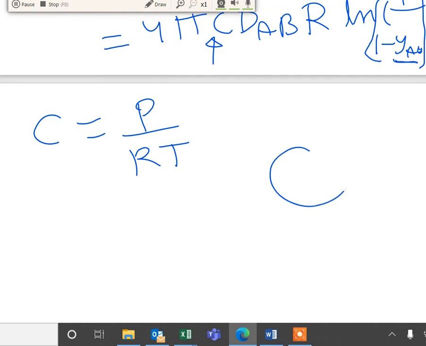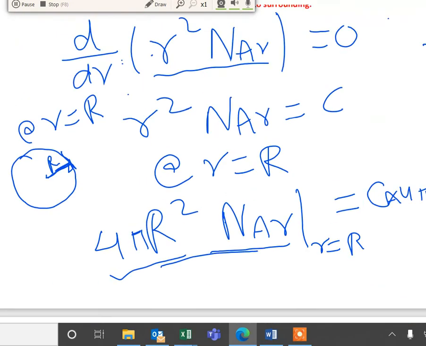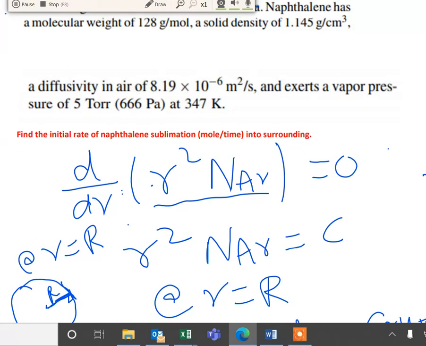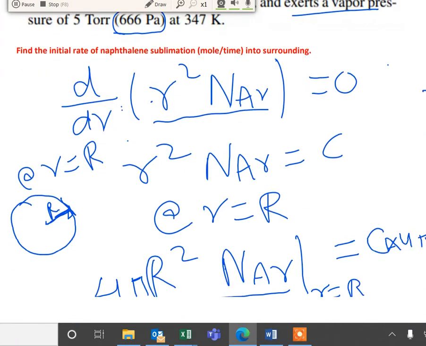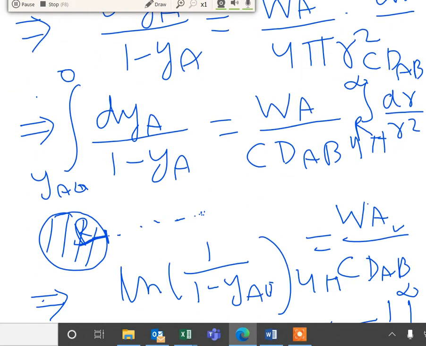At the surface, this is in equilibrium, right? So total pressure is 1 atmosphere. The vapor pressure exerted here at this point is basically given to you. The naphthalene exerts a vapor pressure of 666 Pascal. Okay, so how to get yA0 at the surface?